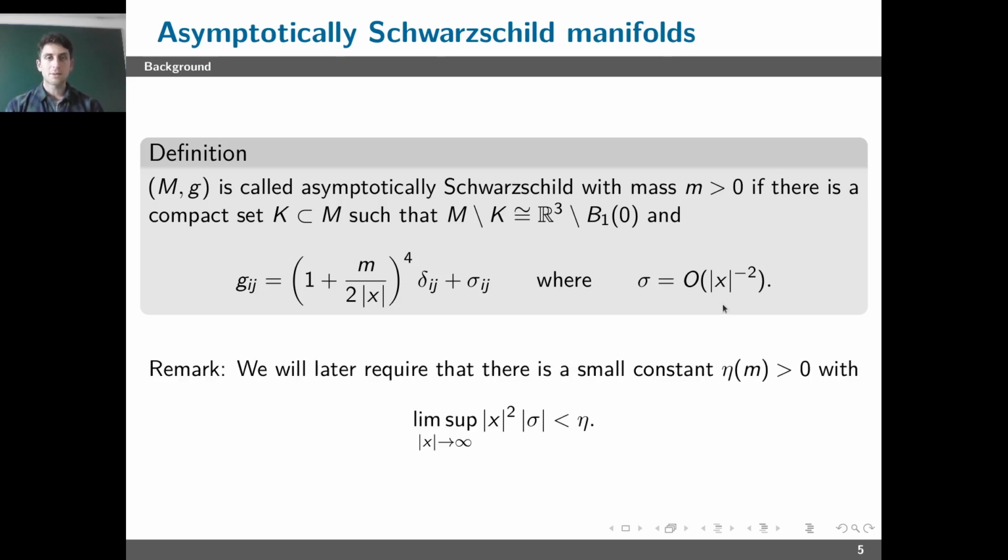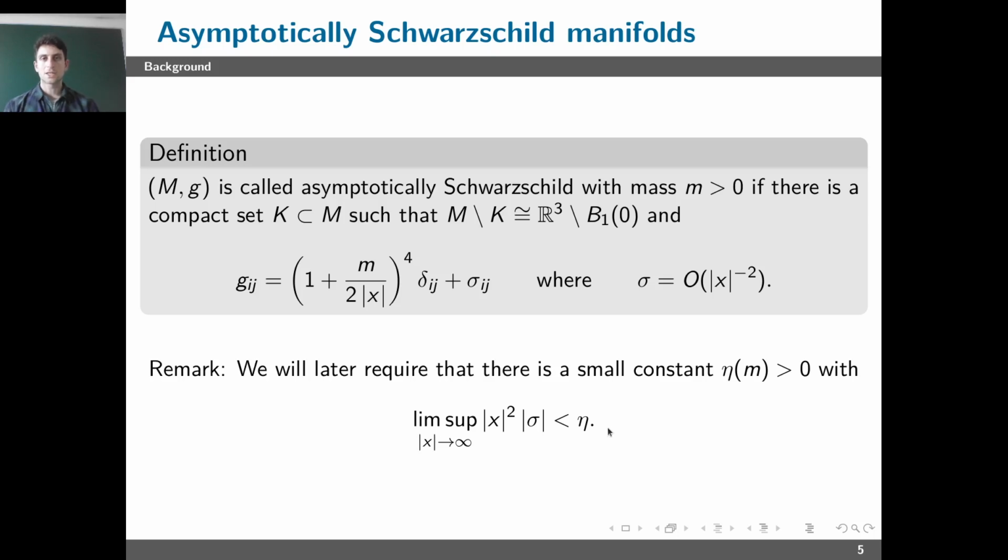Alright, and for the statement of one result, we're going to require that (M, g) is in fact a small perturbation of Schwarzschild. And by that I mean that this perturbation sigma doesn't only decay like |x|^-2, but is also small in the scale of its decay. So in formulas, we're going to require that the limsup as x tends to infinity of |x|^2 times the modulus of sigma is less than a small constant eta.